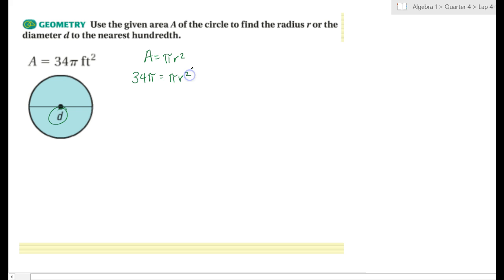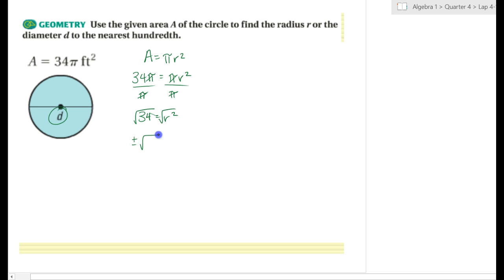So I'm going to plug that in. Okay, when I solve for r, divide the pi away, it just cancels out. I get 34 is equal to r squared. Take the square root.